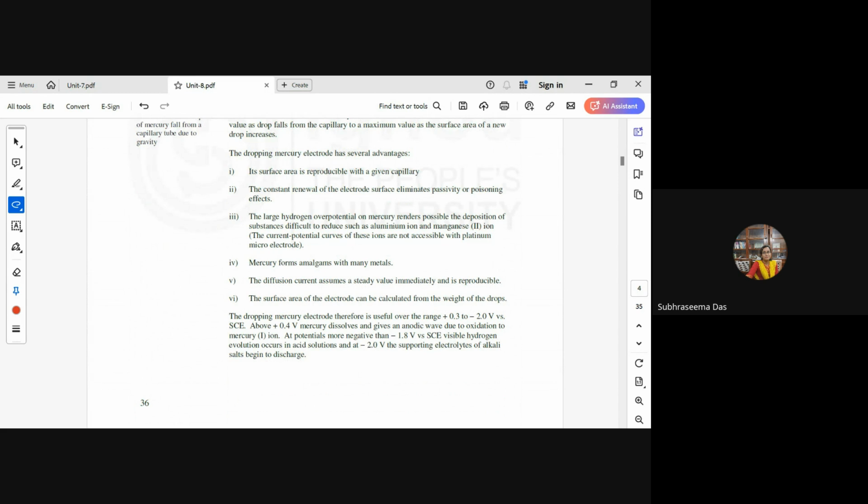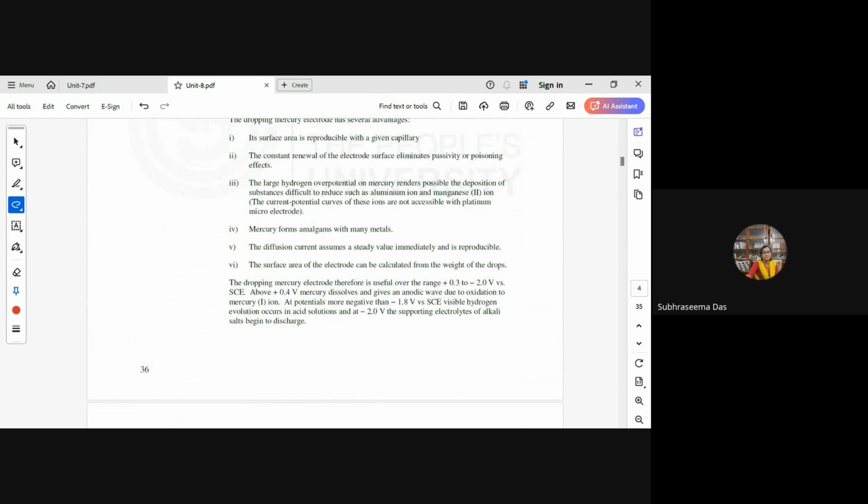The DME method has several advantages. The surface area is reproducible with a given capillary. The constant renewal of the electrode eliminates the poisoning effects and the presence of any impurities. The large hydrogen overpotential on mercury renders possible the deposition of substances, as we can see from the IE curves. Mercury forms amalgams, we know, with many metals.